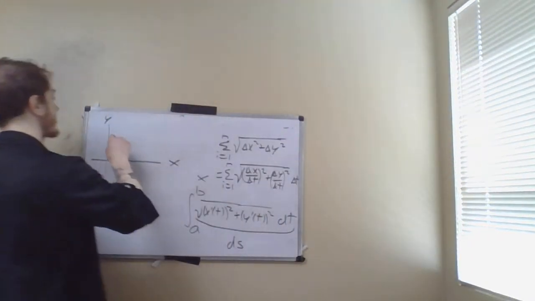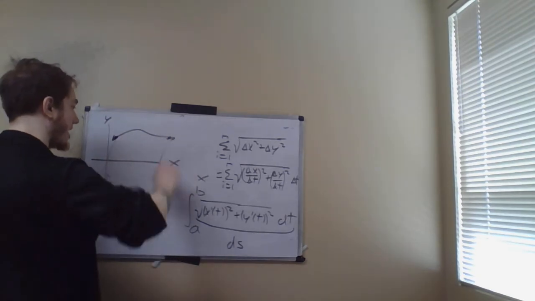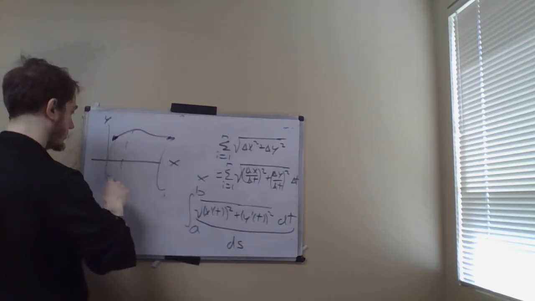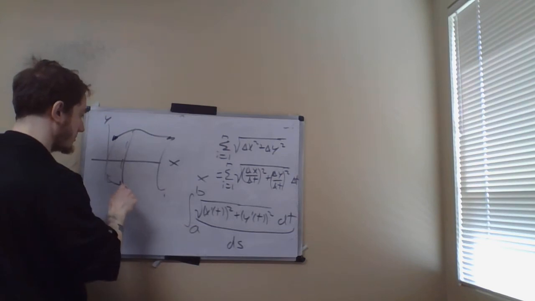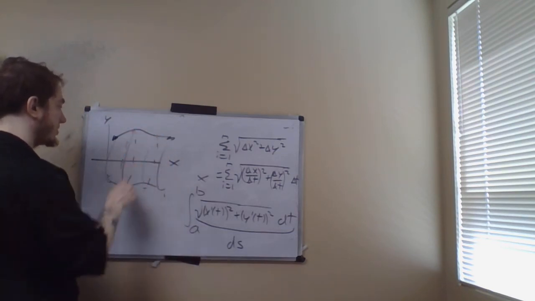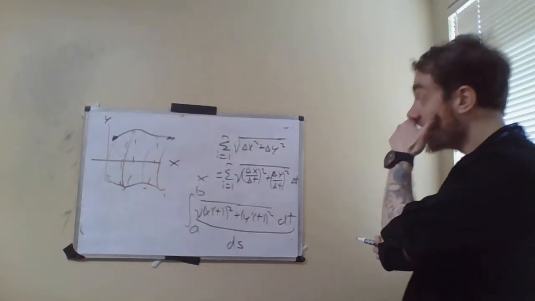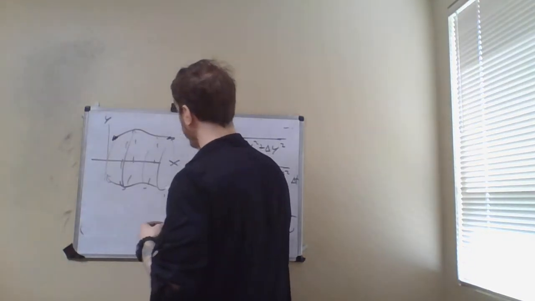So if I take some curve and rotate it around to form a three-dimensional object, I'm trying to make this picture quickly, but we get this sort of vase shape, however you want to pronounce it. What is the surface area?